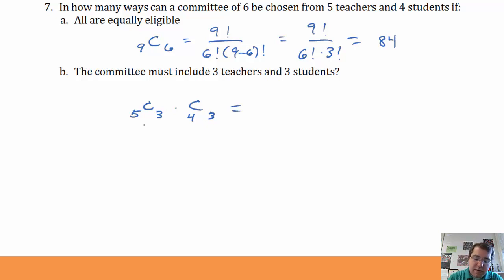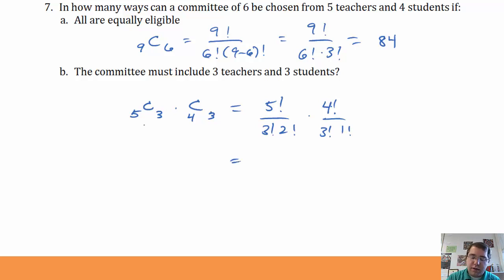The number of possible combinations of teachers times the number of possible combinations of students gives me the total number of combinations. So that is 5 factorial divided by 3 factorial times 5 minus 3, which is 2 factorial, times 4 factorial divided by 3 factorial times 4 minus 3, which is 1 factorial.